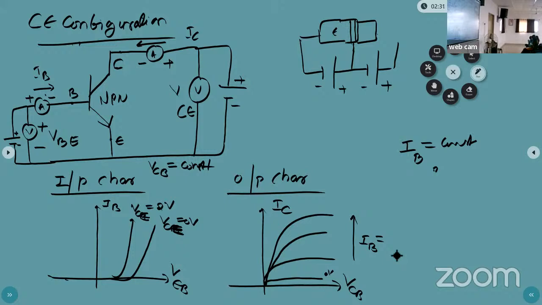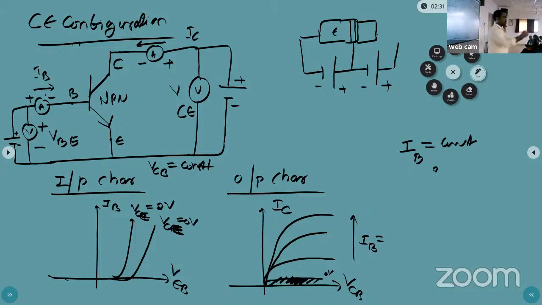Now in the previous common base configuration, we keep the input current constant. If the input current is constant, then what will be the output current? Also constant. But what is the constant value? Almost all 0. In this case also, if you are keeping the common emitter configuration, the input current IB is constant, and the output current is also 0, constant.